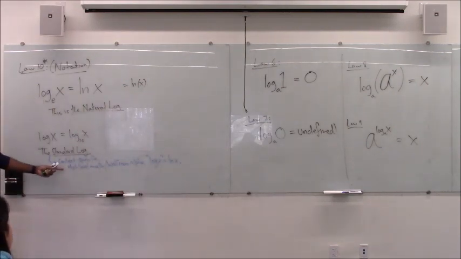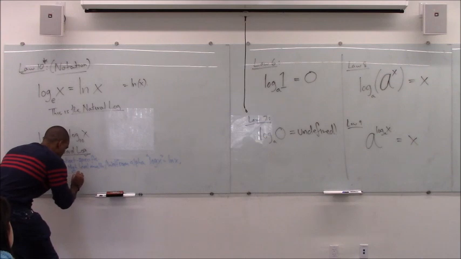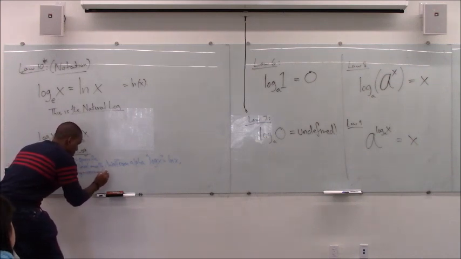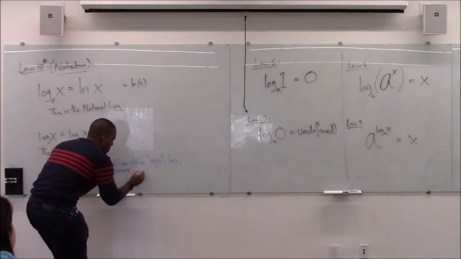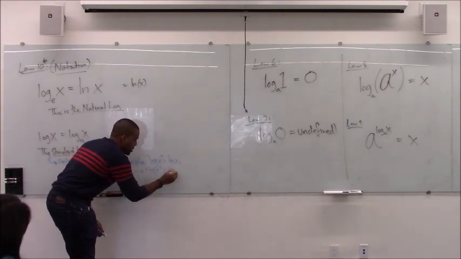Because in math, e is just, no one works in any other base. If you're in engineering and say life sciences, then your LOG is log to the base 10.